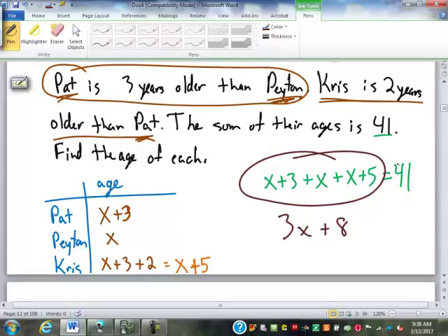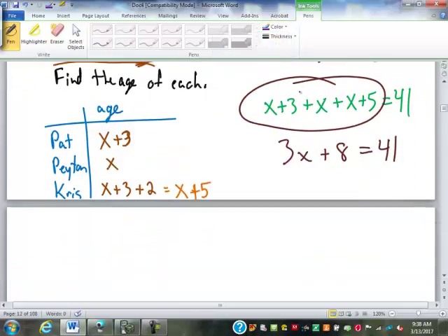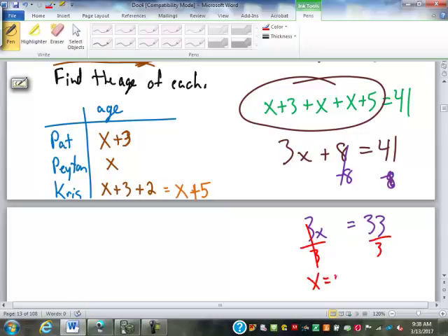X and X make 3X. 3 and 5 make 8. So 3X plus 8 equals 41. What is next? Subtract 8. So 3X equals 33. And then divide by 3. So X equals 11.